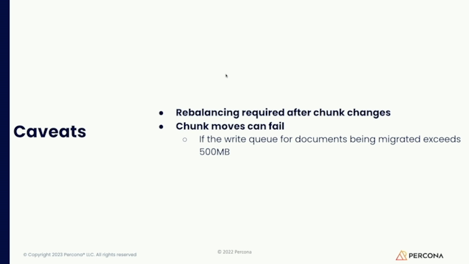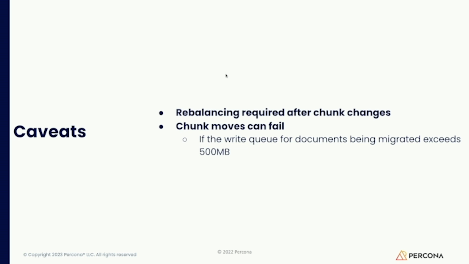The other thing is that after we are done moving and combining and splitting, we might end up with an imbalanced cluster, which means that it might take some time to do a rebalancing, and we might need to run the balancer probably outside of our normal window, maybe, just to recover from that.